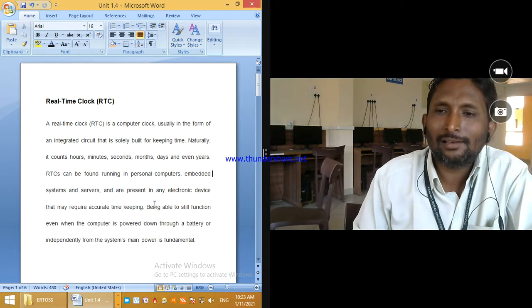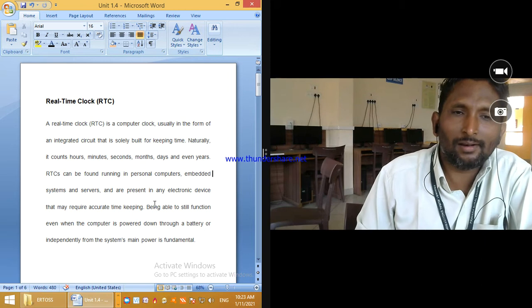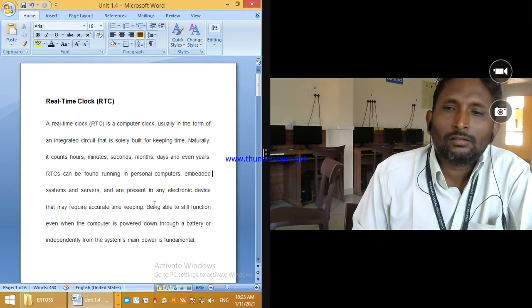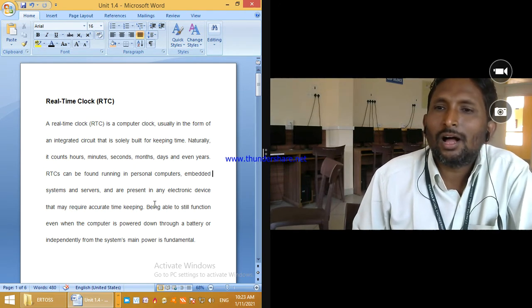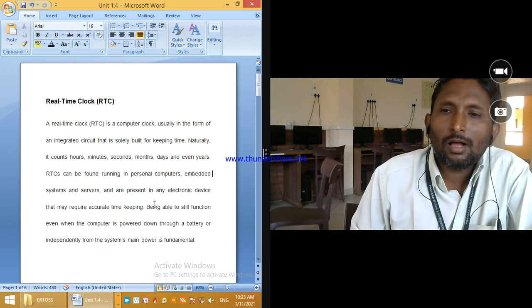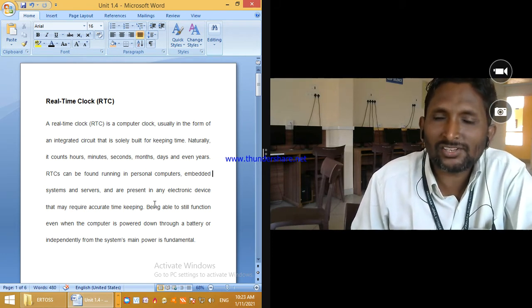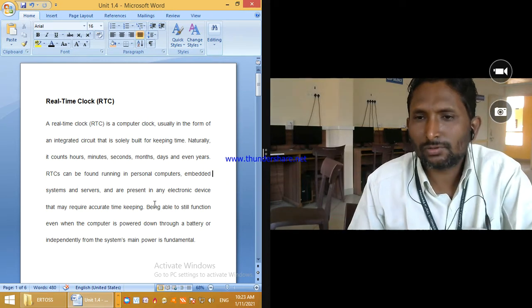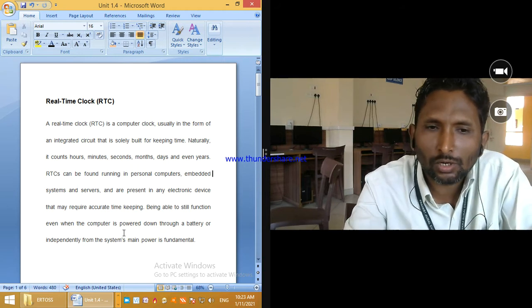For example, applications like pedometer, oximeter, blood pressure checking, right? Applications like weather forecasting. So over here, this real-time clock plays the important role.